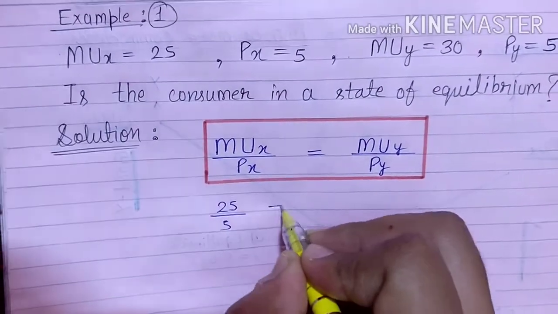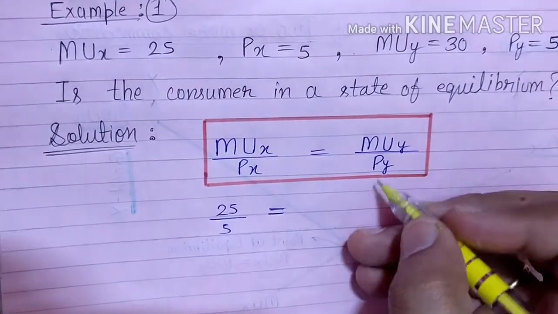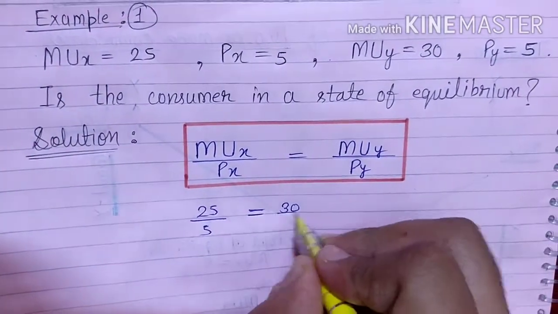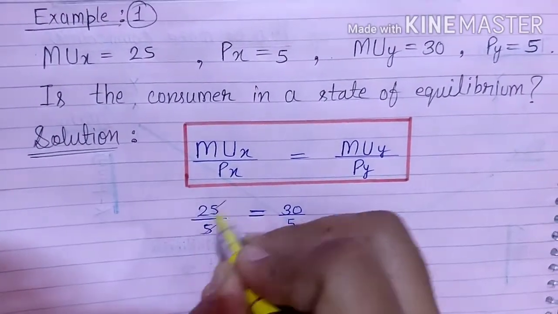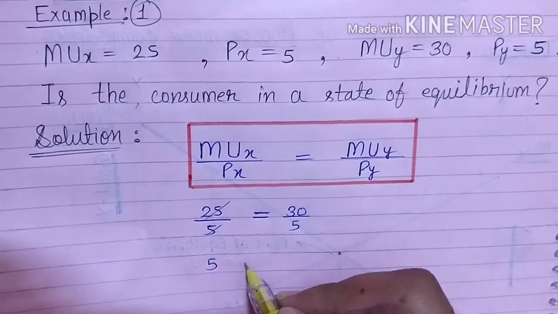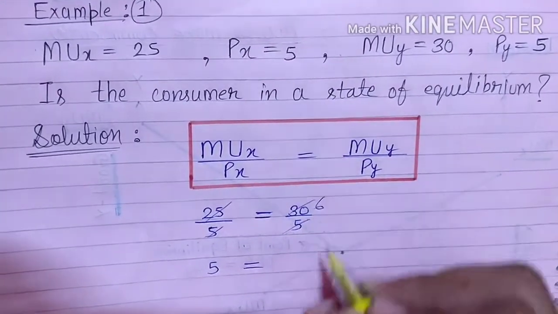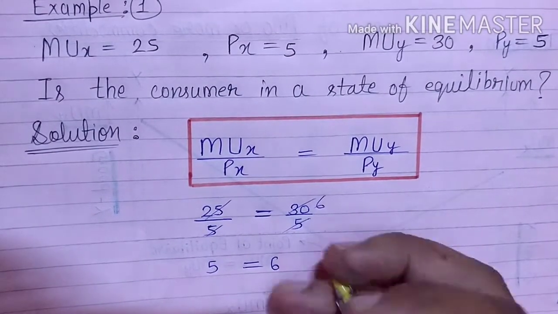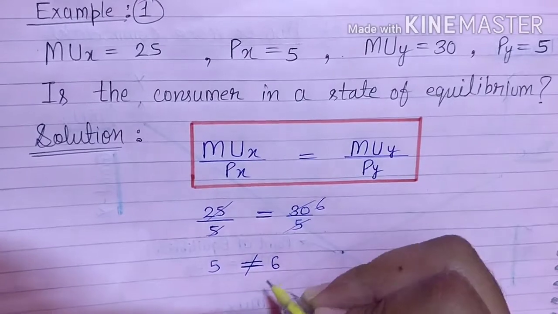It should come equal to MUy upon Py. MUy is 30. The price of good Y is 5. Divide this one: 5 5s are 25, 5 6s are 30. Now just check what came. 5 and 6, are they equal? No, not at all, they are not equal.